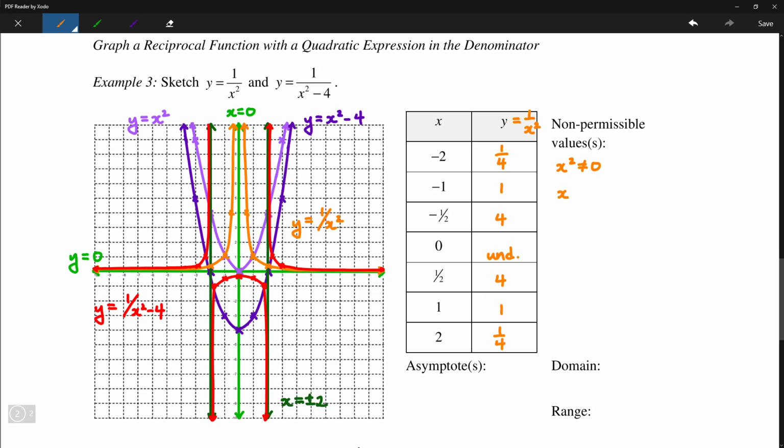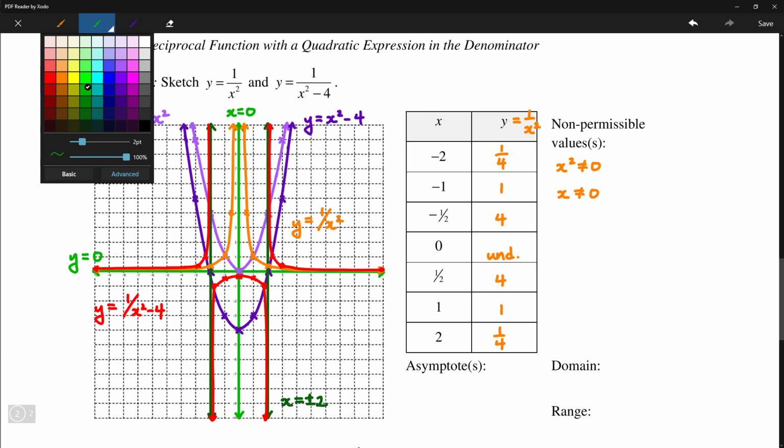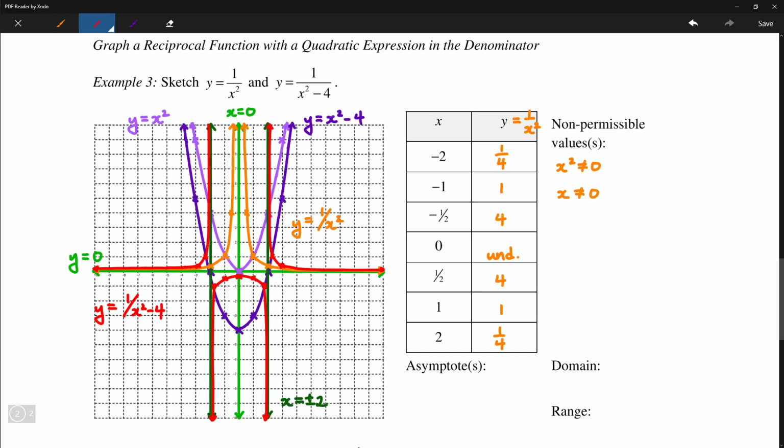So x cannot be equal to 0. That's easy for the first graph. And then for the second graph, the graph that was in red. Oh, sorry. Before we move on, of course, this table of values on the right here is what we use to graph the orange graph.